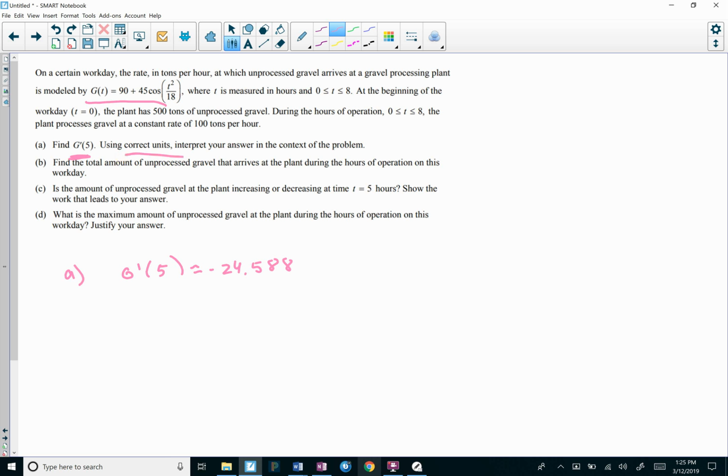Now, this is the part where everybody misses. Interpret your answer with correct units. So the fact that the derivative is negative tells me we're decreasing.